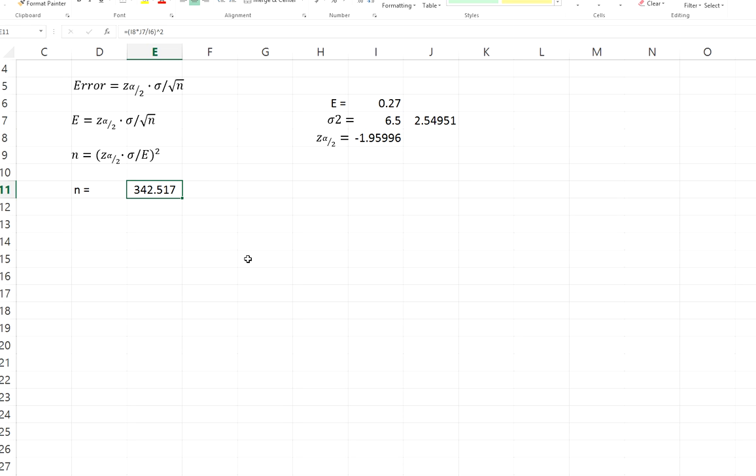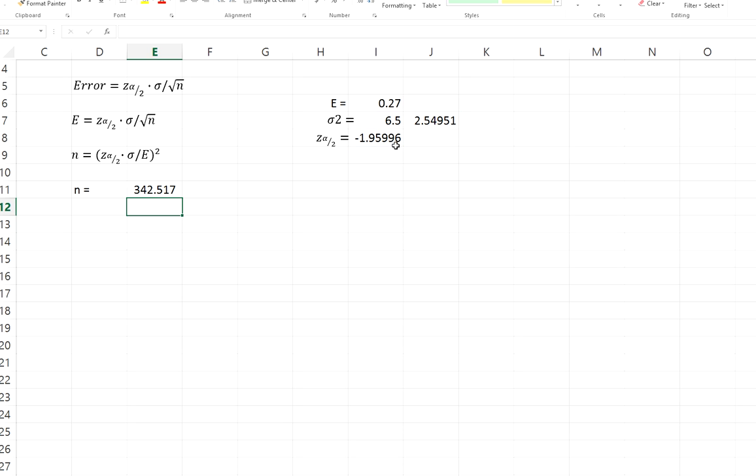If you look at the formula, you will see I18 is the z value right here. And then J17 is the sigma value right here, divided by E, the error, which is 0.27.